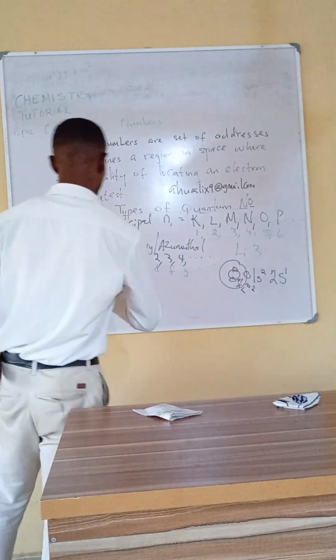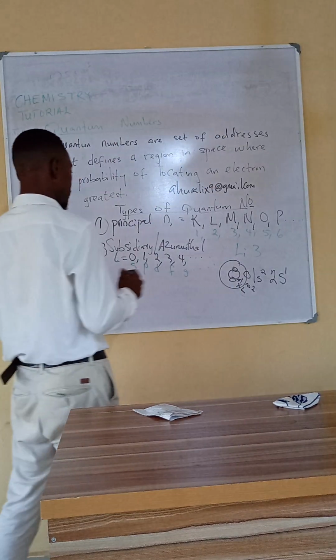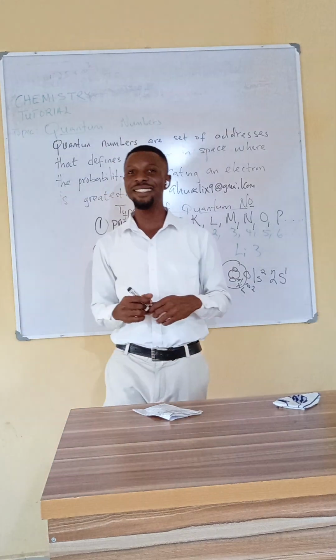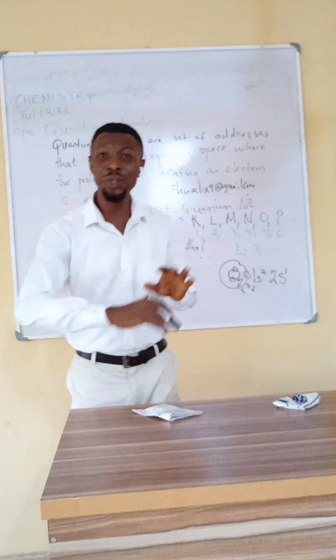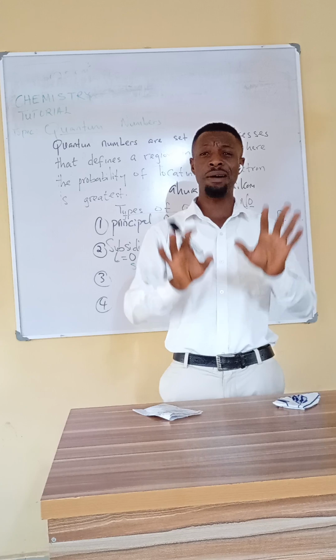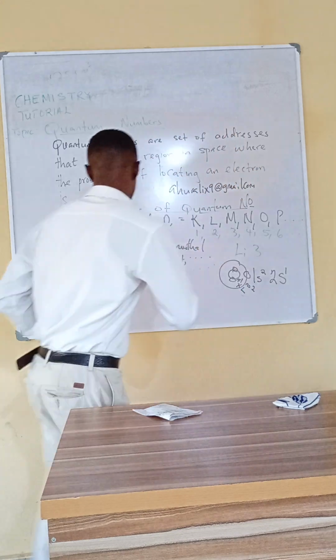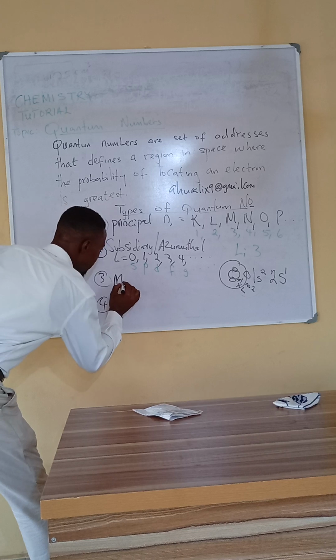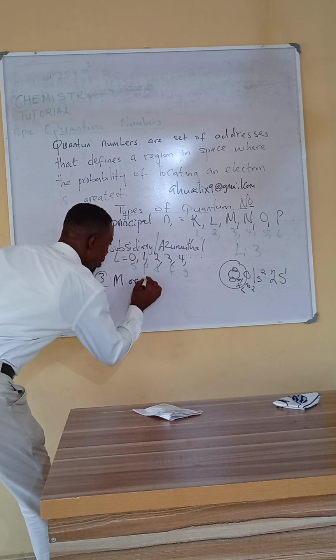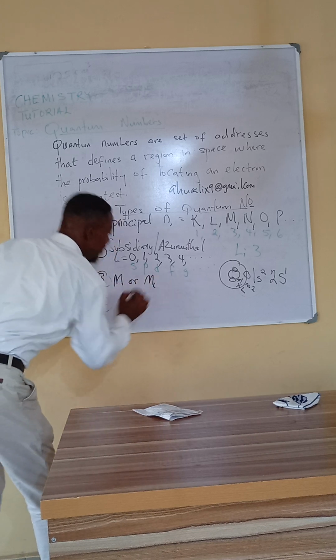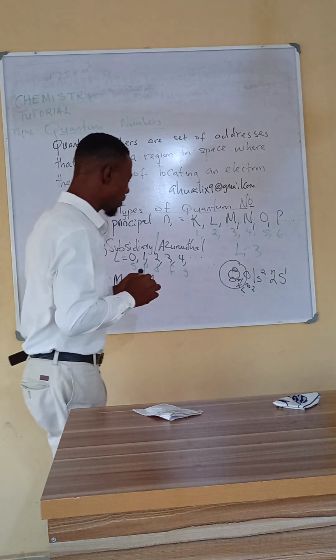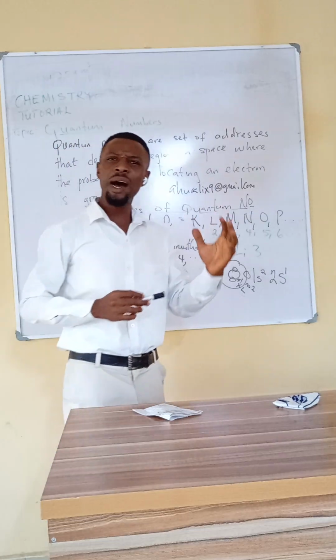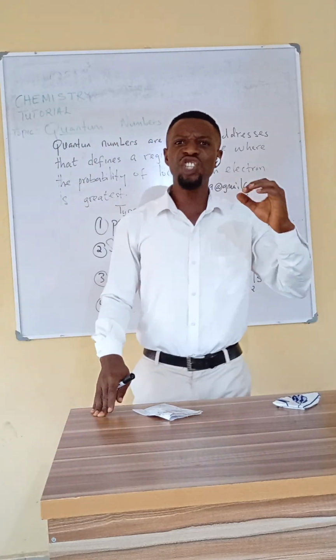Now, let's also look at the third quantum number. The third quantum number is the magnetic quantum number. It also has its own function. The magnetic quantum number, represented by small m or m subscript l, talks about the degenerate orbitals.